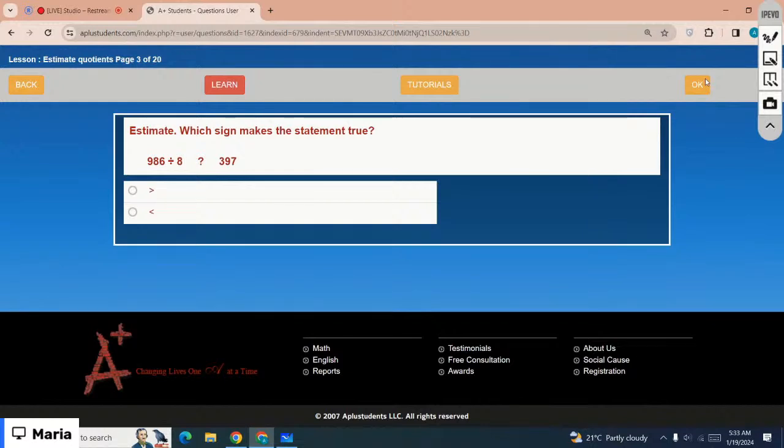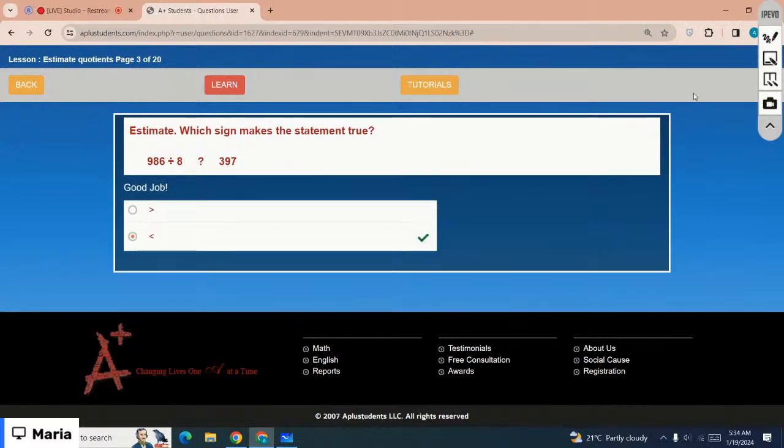Okay, the next one is 986 divided by 8, you have to compare it to 397. Yes, this one is also less, right? Because if you round off 986 to 800, that is just 100.